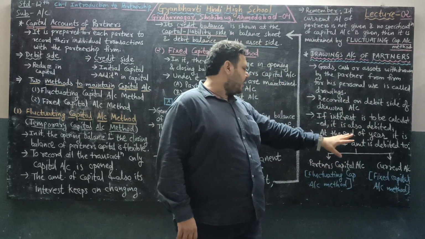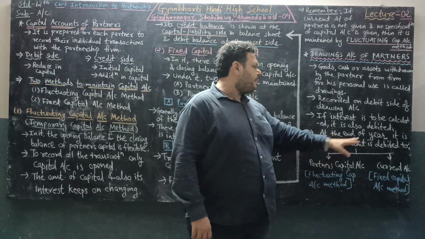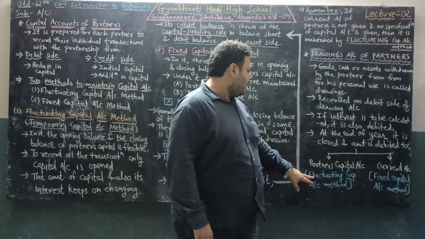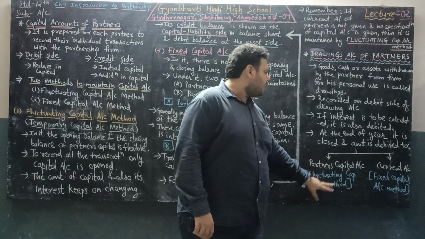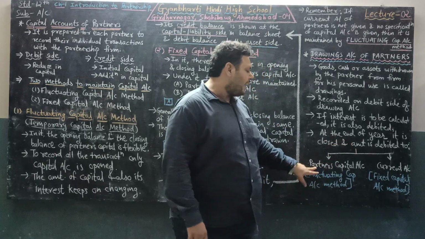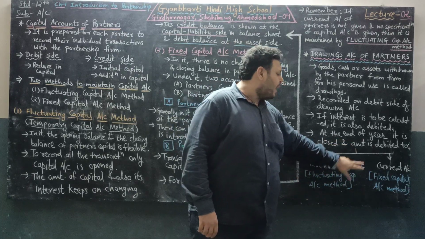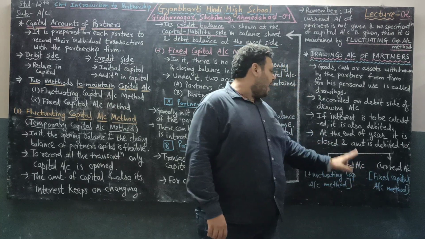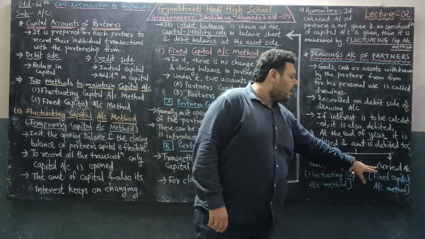At the end of the year, it is closed and the amount is debited according to the method. If we are preparing by the fluctuating capital method, then the amount will be debited to the partner's capital account, and if you are preparing the account by the fixed capital method, then the amount will be debited in the current account.